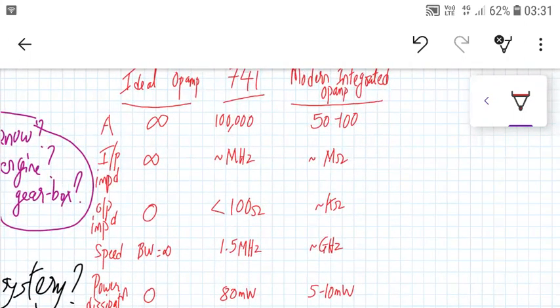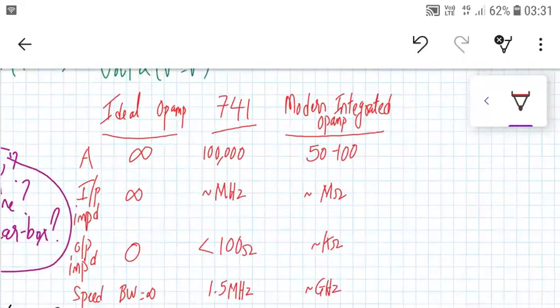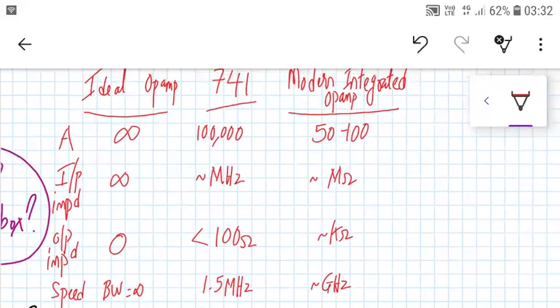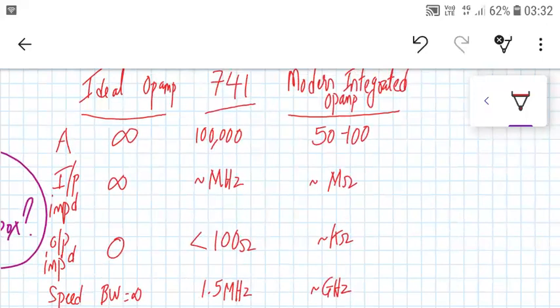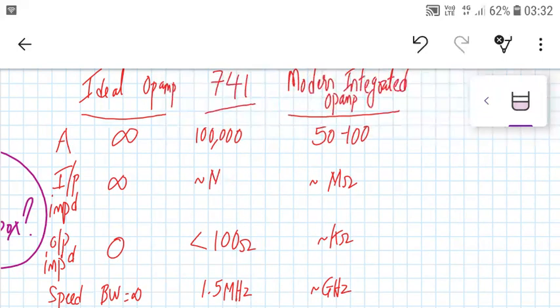For ideal op-amp it is infinite. For 741 it is around 10 raised to 5 to 10 raised to 6. And for modern integrated circuits it's around 50 to 100. And the input impedance for ideal op-amp is again infinite. For 741 it's around several mega, and for modern integrated circuits it's around, it's not hertz, let me correct it.